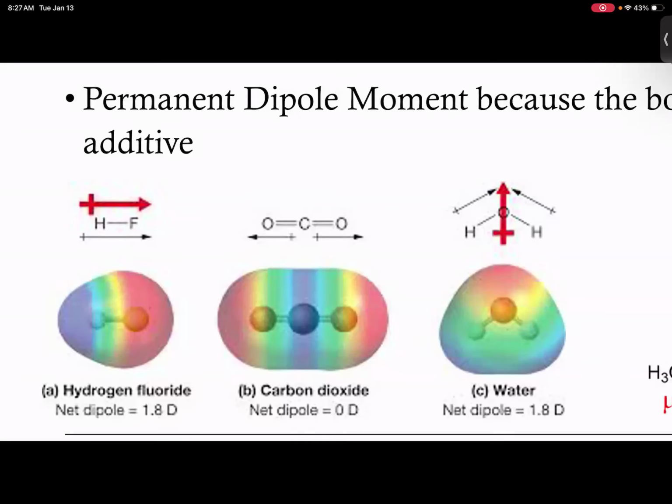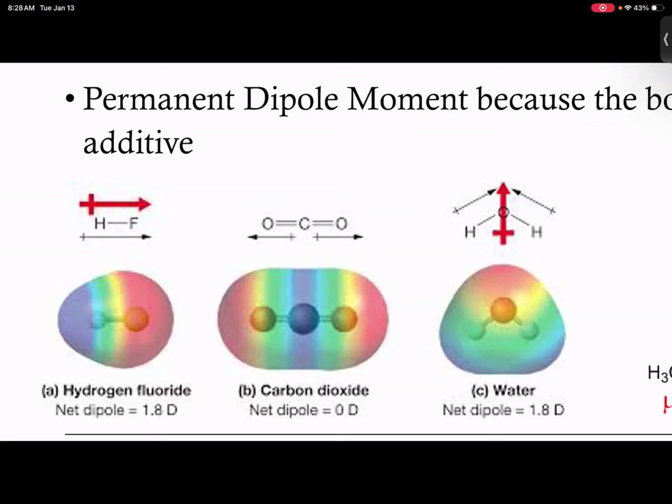It has your hydrogen and it has your oxygen. The hydrogen-oxygen bonds are polarized towards the oxygen because the oxygen is significantly more electronegative than the hydrogens. But in this case, the polarization of the bonds is additive.